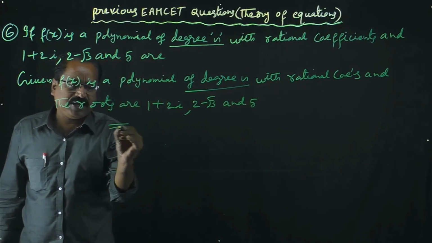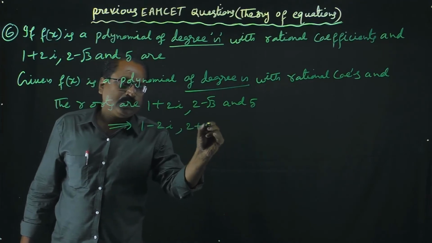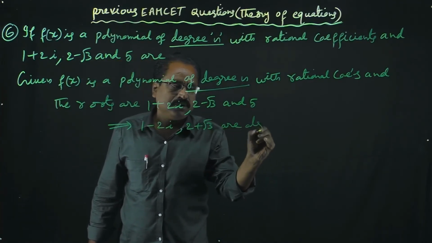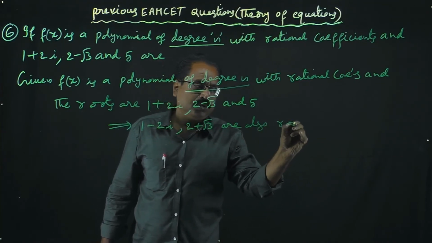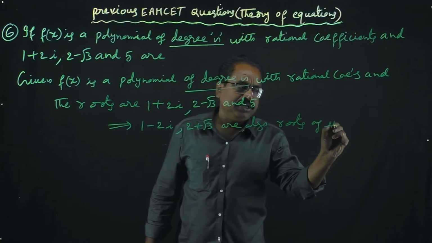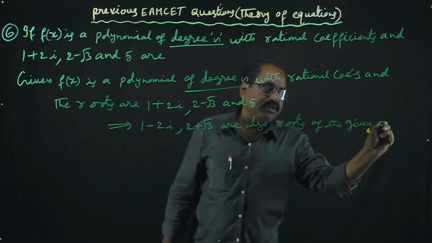So this implies 1 minus 2i and 2 plus root 3 are also roots of the given equation.